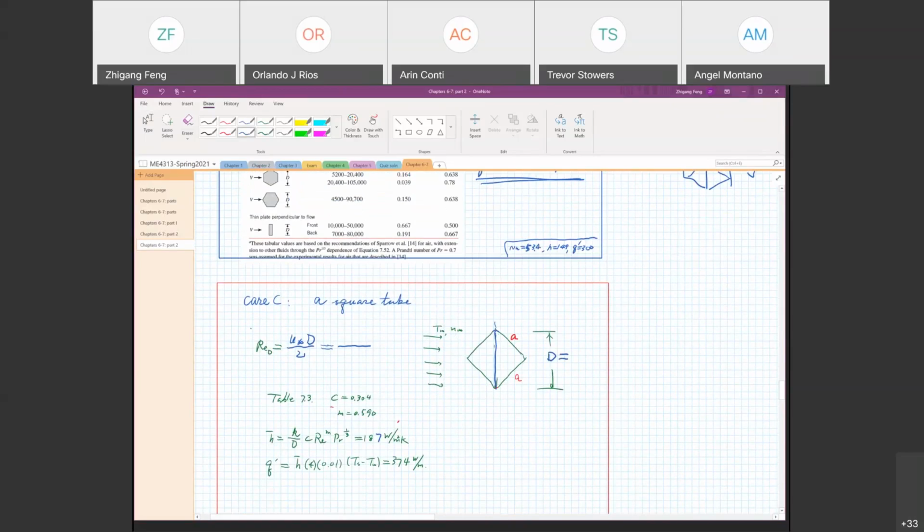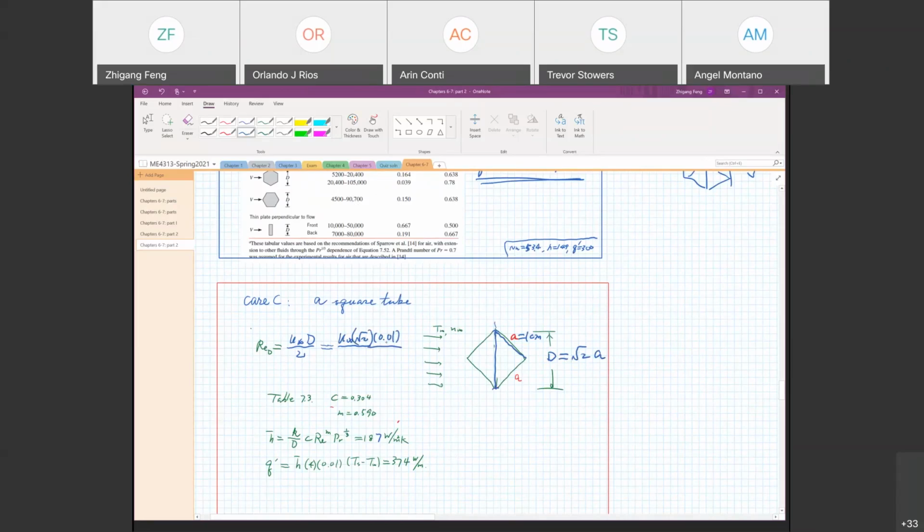The side length a equal to 1 centimeter. The reference length D will be equal to square root of 2 multiplied by a. I assume you know this relationship. So D equal to square root 2 multiplied by a. So when you compute the Reynolds number, D has to be square root 2 multiplied by 0.01.